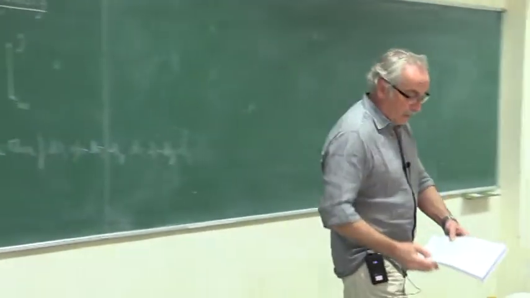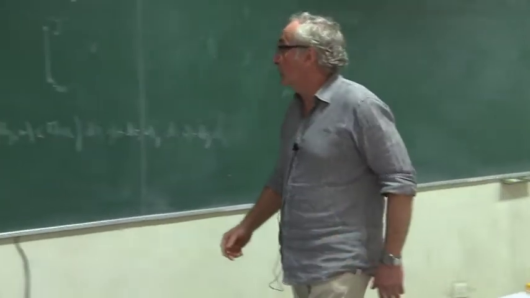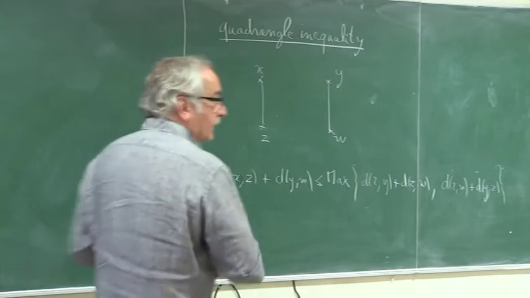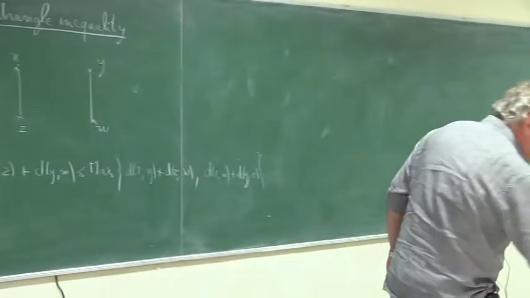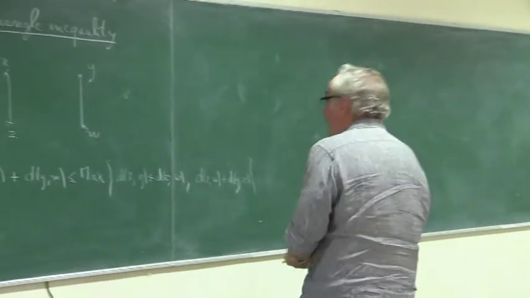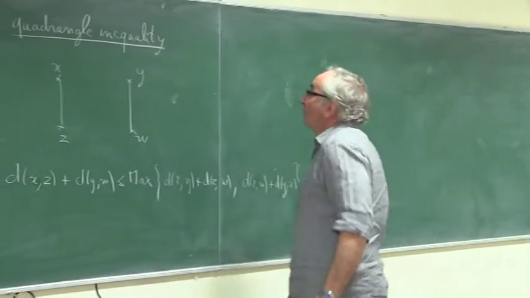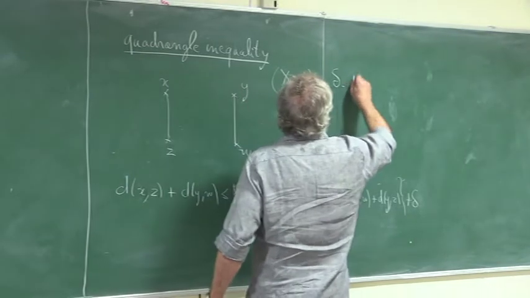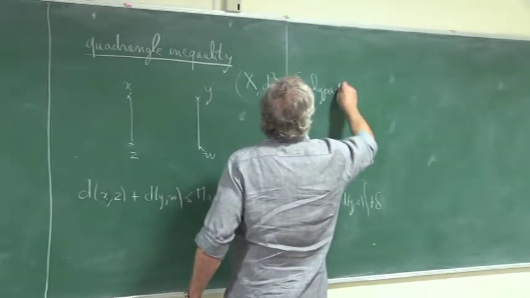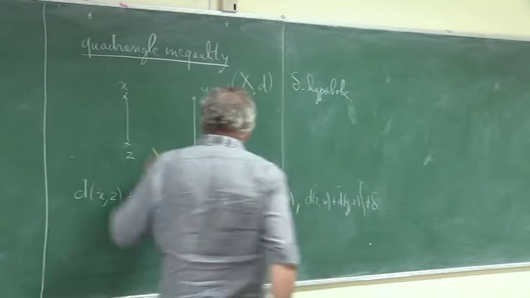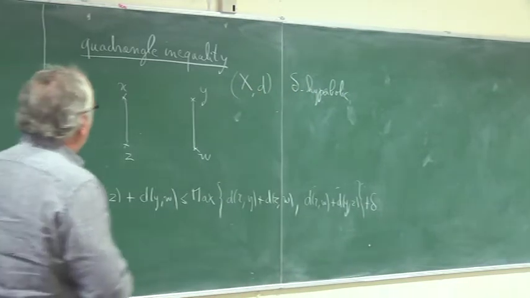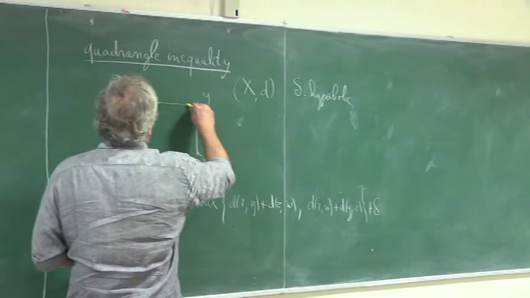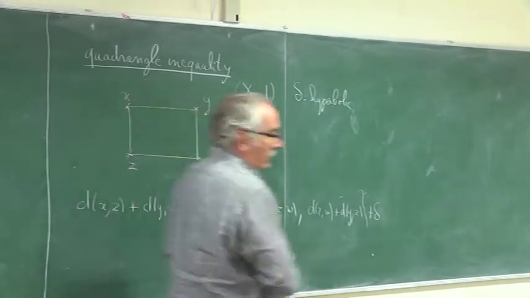I mention that not for the pleasure of writing inequalities, but because I will be using it. It turns out that this is equivalent to being delta hyperbolic, plus 2 delta, I'm sorry, I missed something. So we are in a metric space like yesterday, assumed to be delta hyperbolic in the sense that I defined with triangles. It's not difficult to prove this inequality with four points: you add these two, and then the diagonals.